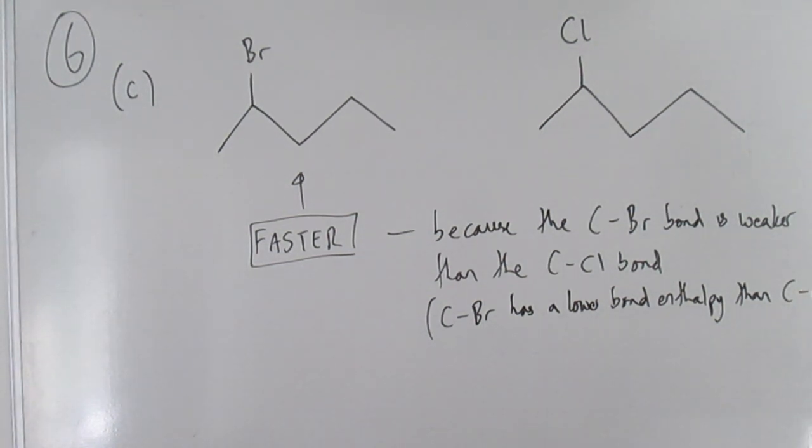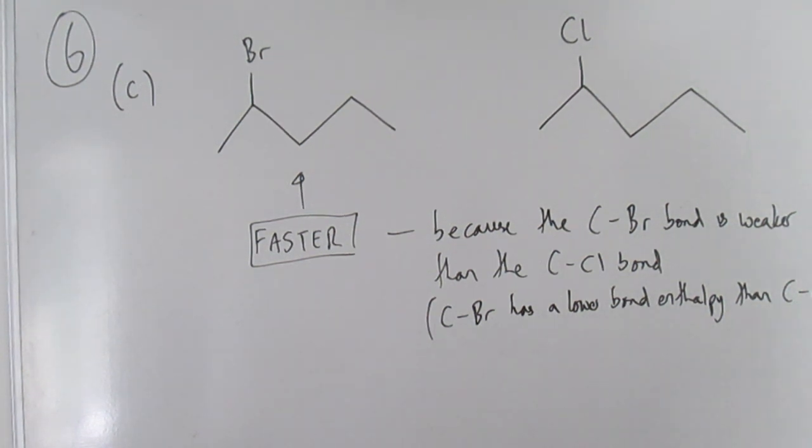And that may be enough, but I think you should really spell out a bit more, why does that matter? Why does the bond enthalpy matter? And of course the point is that there's an activation energy, which is something we'll talk about more when we get onto rates of reaction, but you have to put some energy in to start breaking bonds in the existing compound before you can form new ones. And the stronger those bonds are, the more energy you have to put in to make that happen, and the less likely that makes it that a reaction will actually happen when two molecules meet.